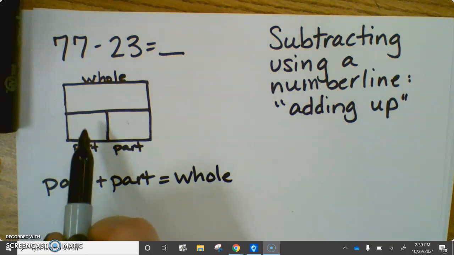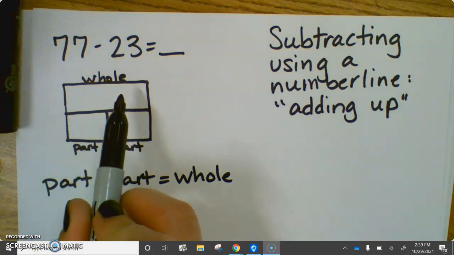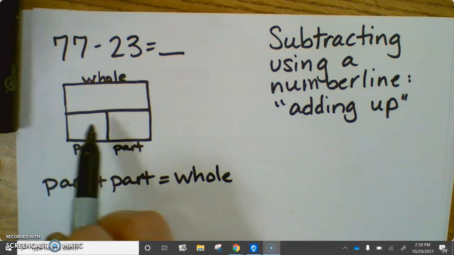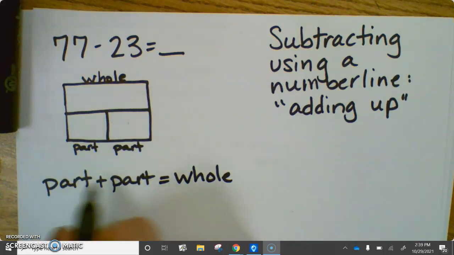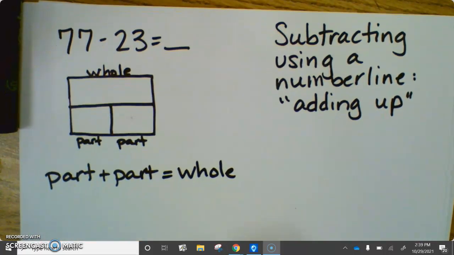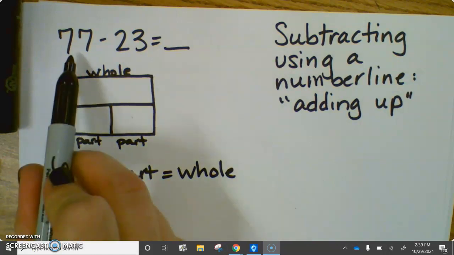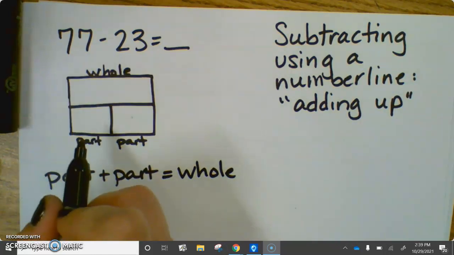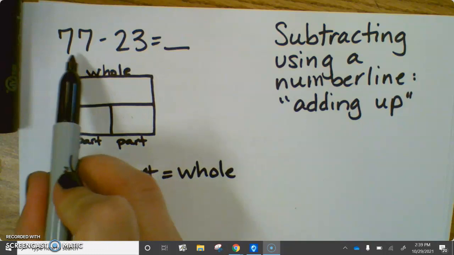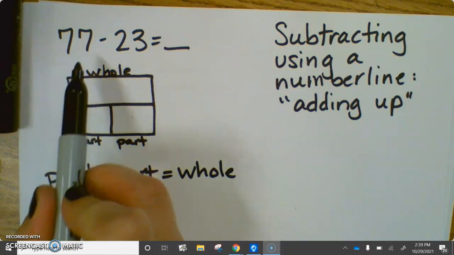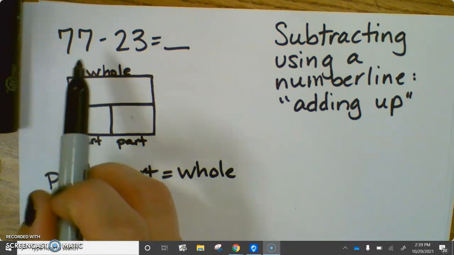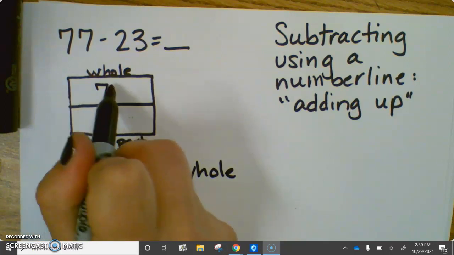It's kind of like how 2 plus 3 equals 5. Okay? You can also do 3 plus 2 equals 5. Part plus part equals whole. So now we are going to plug our numbers into our bar model in the correct places. So we have our biggest number, 77, is our whole. So we're going to place that right here.